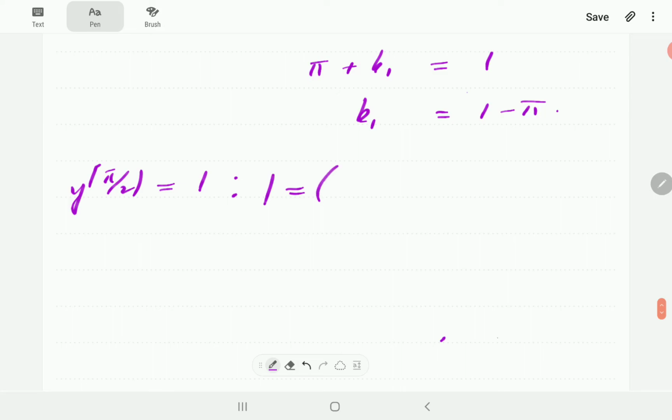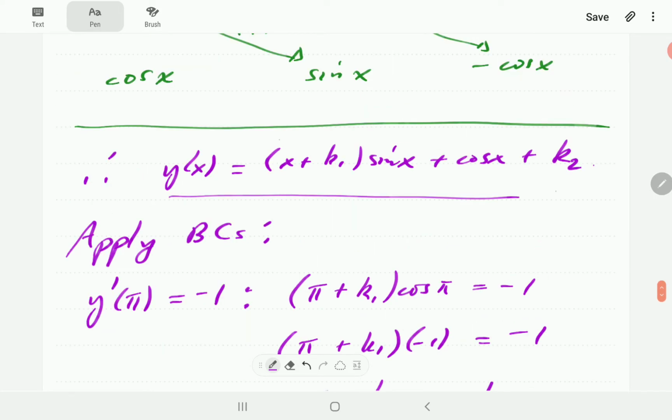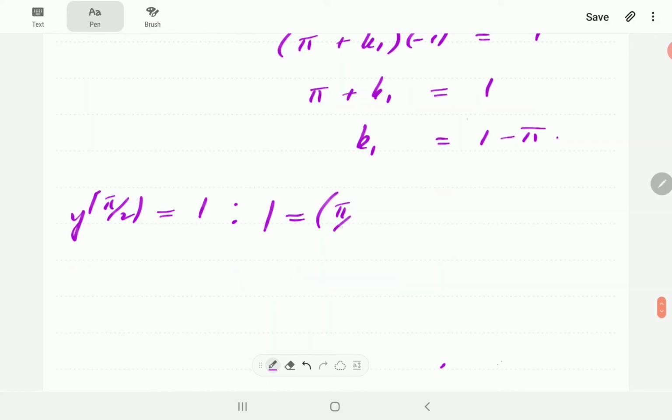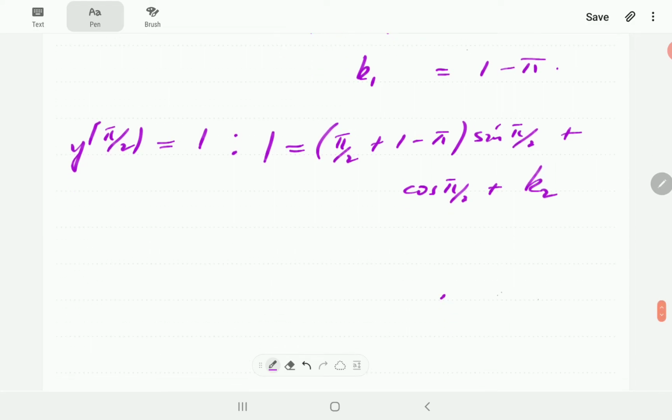Now remember, we just found that k1 is 1 minus pi, so we're going to have pi over 2 plus 1 minus pi, which is k1, then sine pi over 2 plus cosine pi over 2 plus k2.